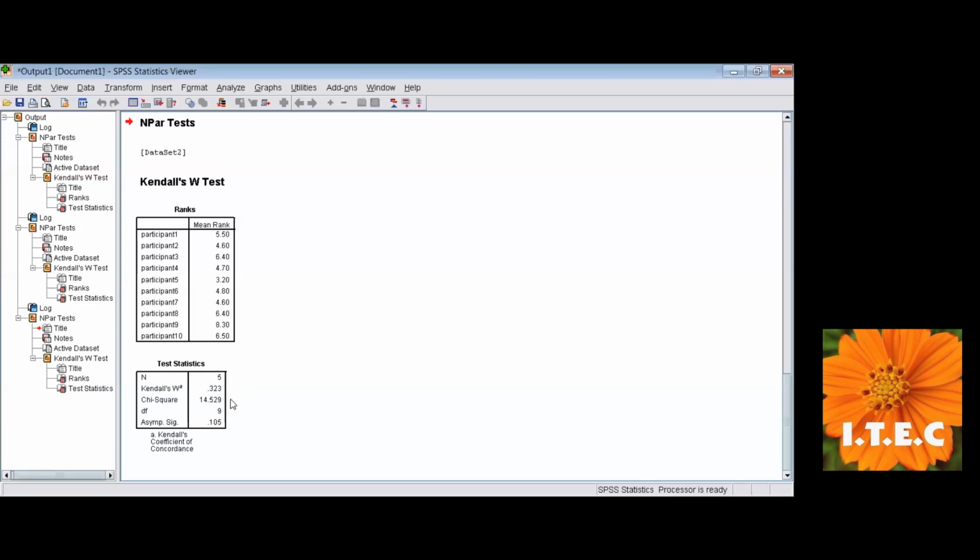So that means at that time, when I took that data, the agreement was 0.52. Now here the Kendall's W is 0.32. So there the agreement was better than this agreement.